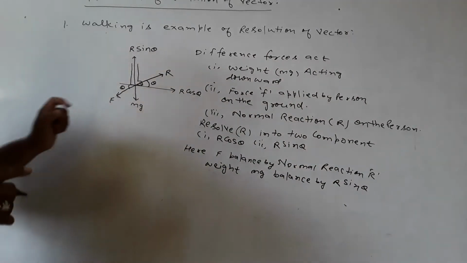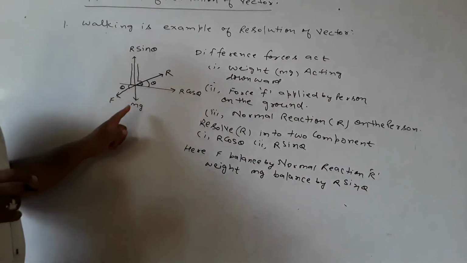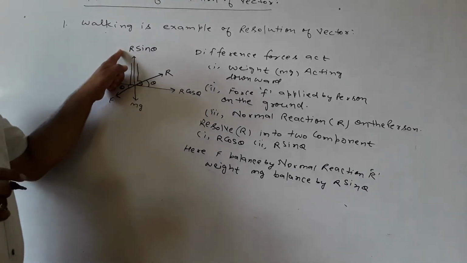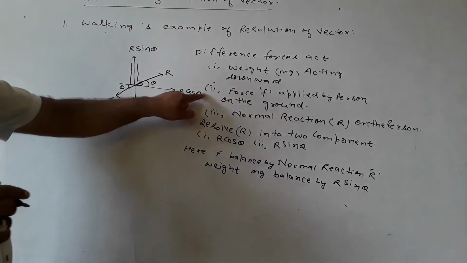Now, this F is balanced by R, so these will be cancelled. Mg is balanced by R sin theta, these will be cancelled. Only R cos theta is left here.